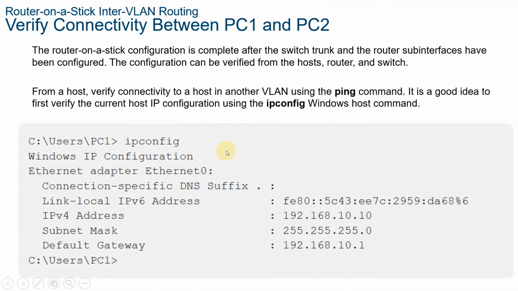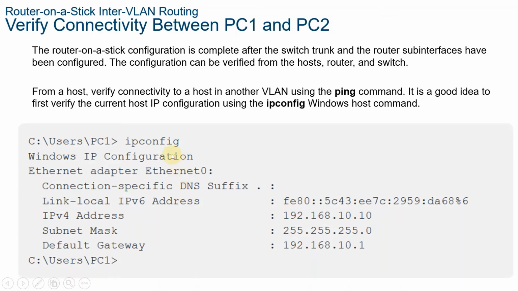After the configuration, the next thing to do is to verify connectivity between PC1 and PC2. The router on a stick configuration is complete after the switch trunk and the router subinterfaces have been configured. The configuration can be verified from the hosts, routers, or a switch.